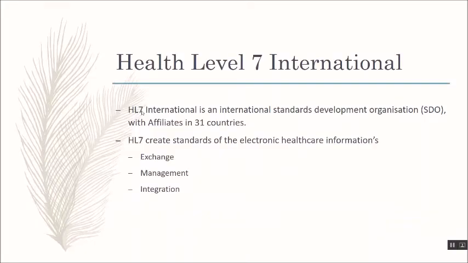So HL7 standards are approved by the international standards development organization, HL7 International. It creates standards for the exchange, management, and integration of electronic healthcare information for clinical and administrative purposes.